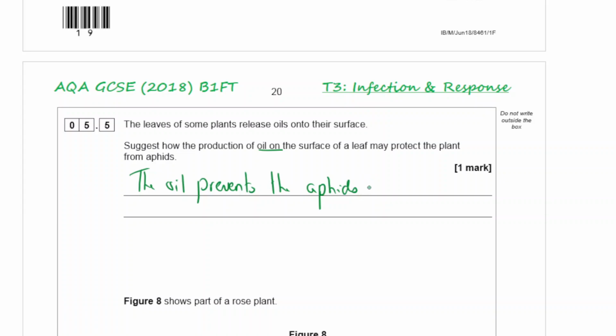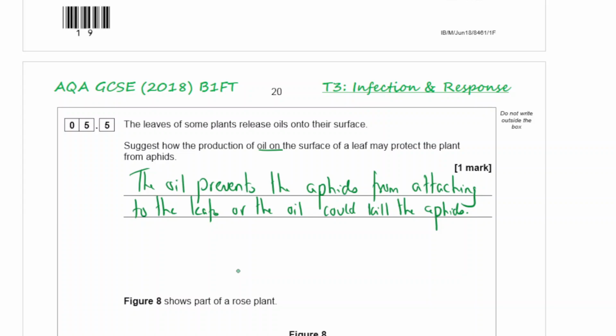So it prevents the aphid from attaching to the leaf, or you could say the oil could or may kill the aphids, or it just makes it unpleasant. It might be the smell as well.